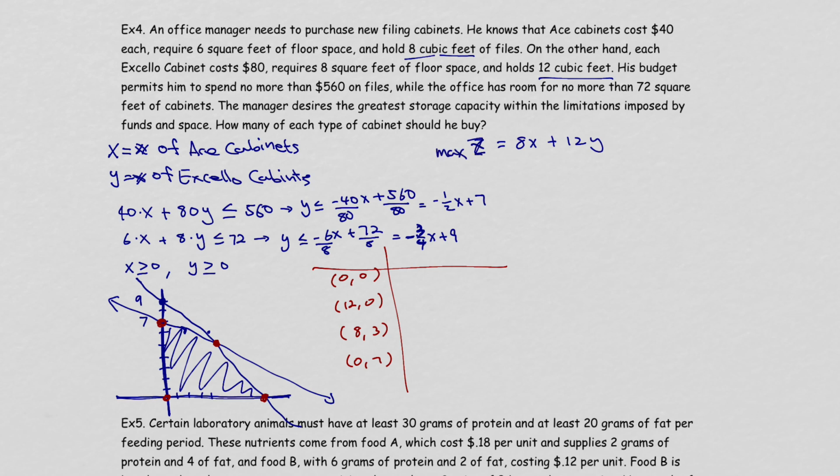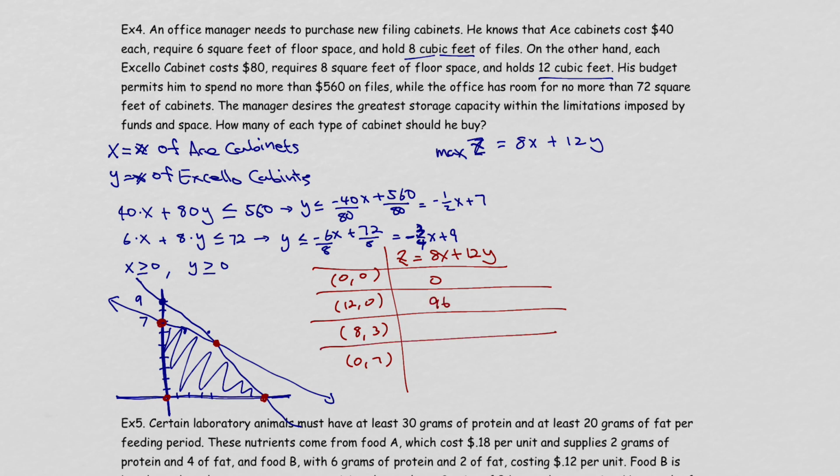So let's plug into that equation. This is going to be 0, right? Because x and y will be 0. And this is going to be 12 times 8, which is 96.